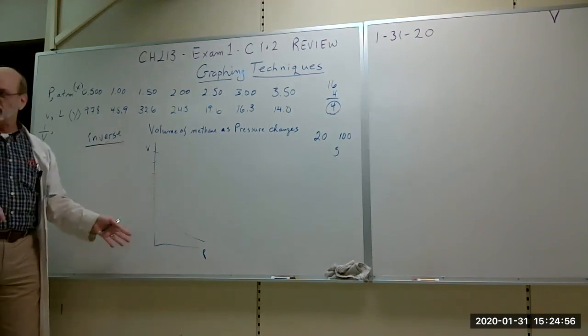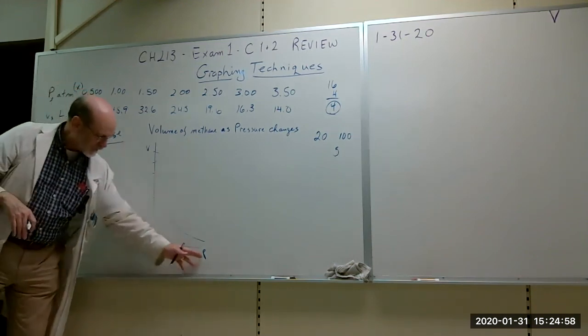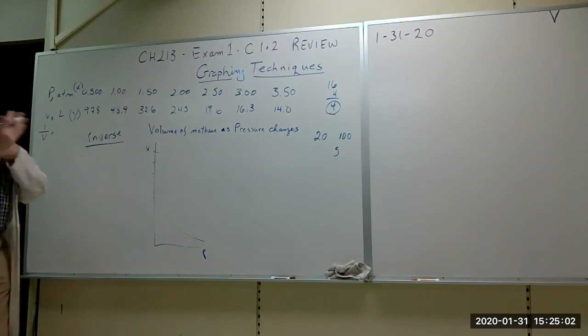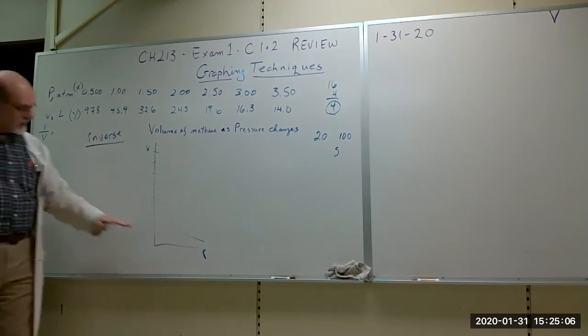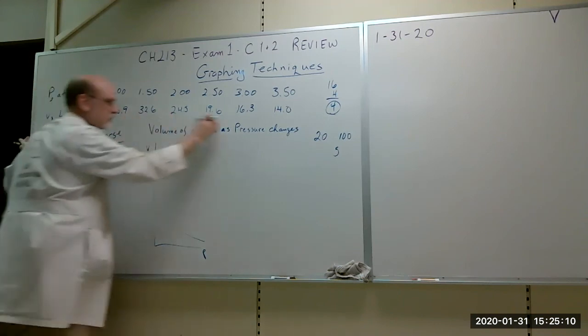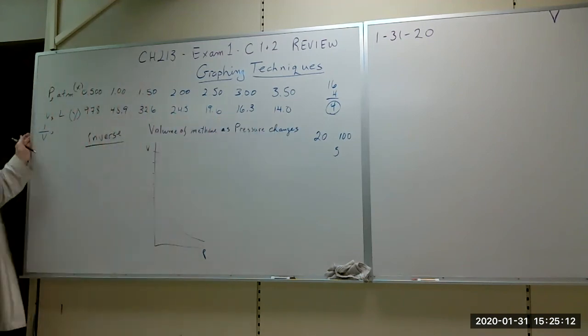Just take another portrait and set up your pressure the same way you did the other one because it's already established at that scale. And then you set up this scale to cover the values that you've got from there to there. Okay? What would that be? Volume, 97.8.